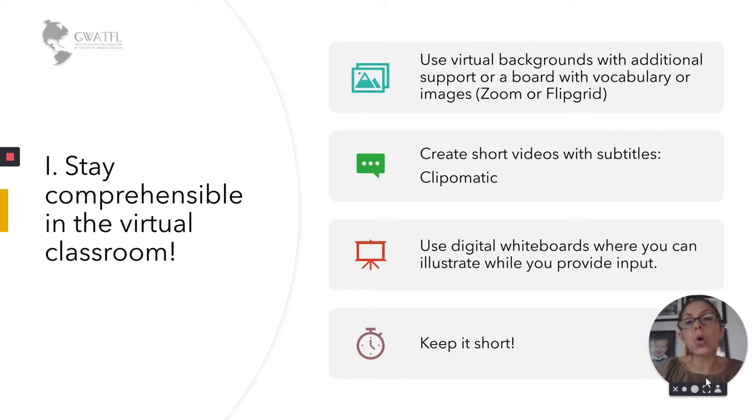I know Zoom has a whiteboard that you can use to illustrate. Teams and Microsoft also has a tool for whiteboards, but there are other whiteboards available for free that you can use in your videos where you can illustrate at the same time that you are providing that speech.